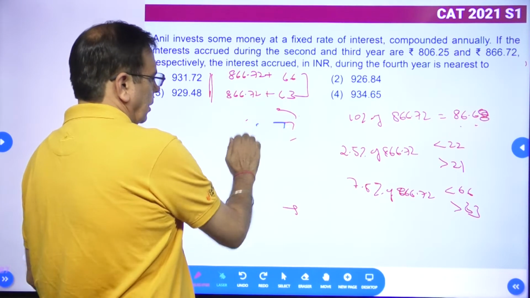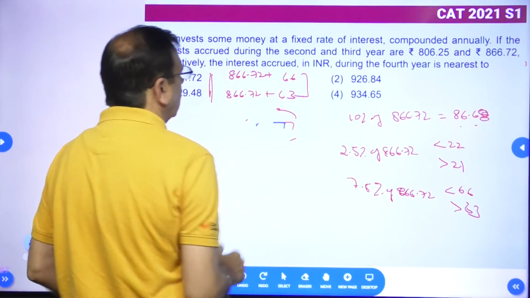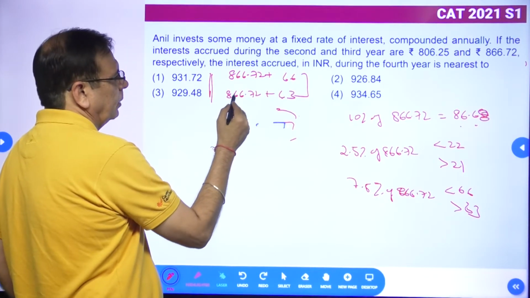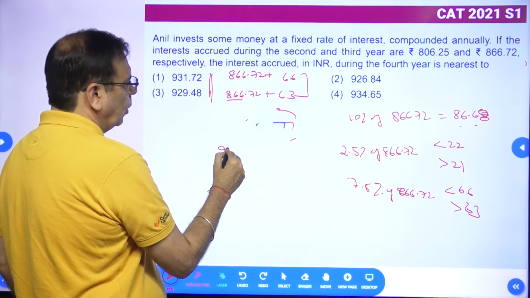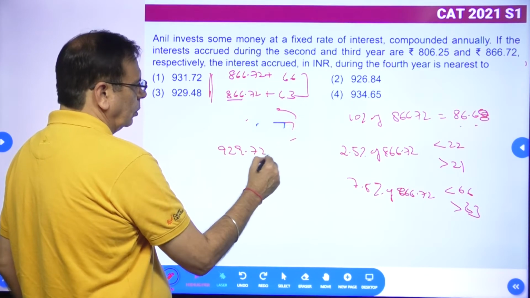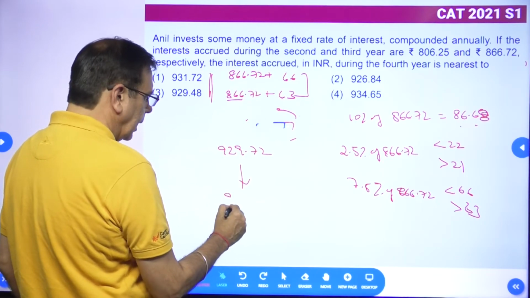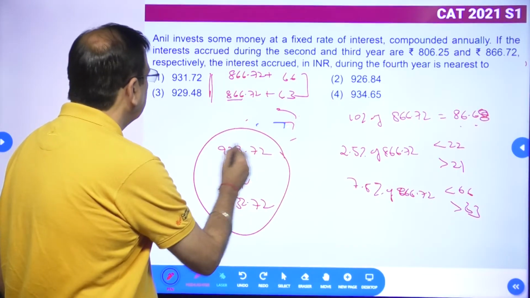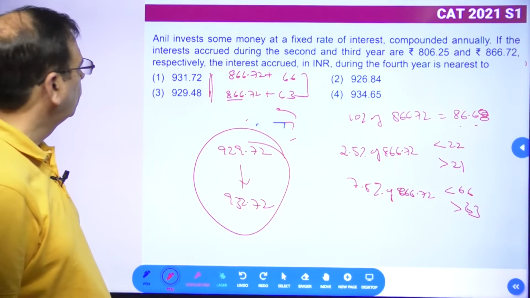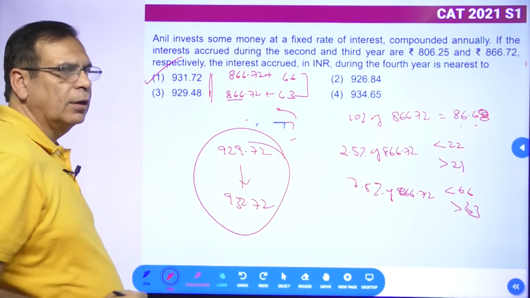So how much is 866 plus 63? 866 plus 63 will be 929.72, and hence the other will be 932.72. Your answer needs to be between 929.72 and 932.72. So the correct answer is choice 1.